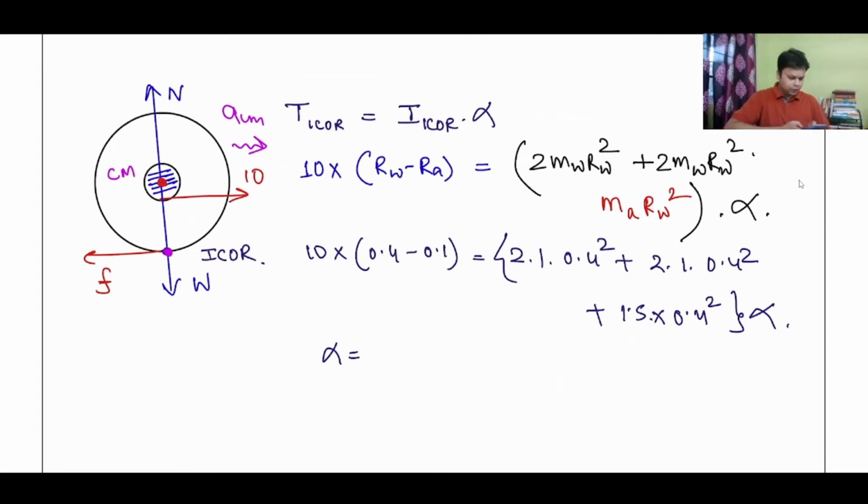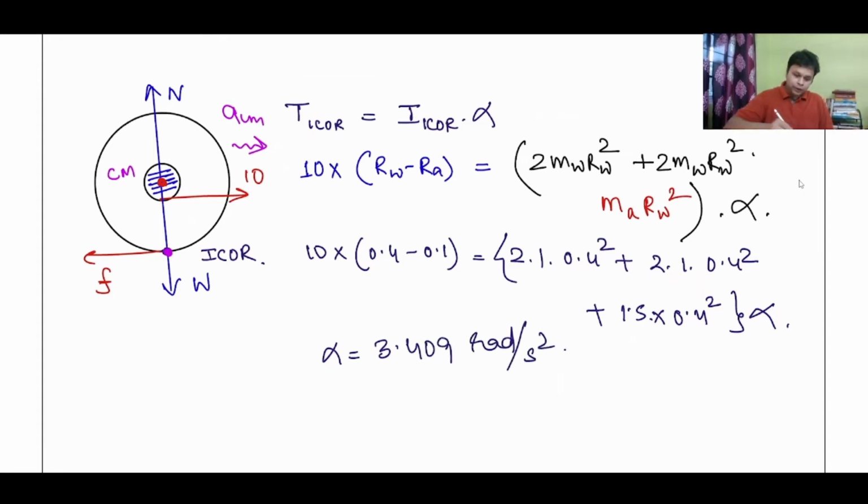Interesting equation. 10 into 0.3, divided by 2 into 0.4 square plus 2 into 0.4 square plus 1.5 into 0.4 square. So it is coming out to be 3.409 radian per second square.